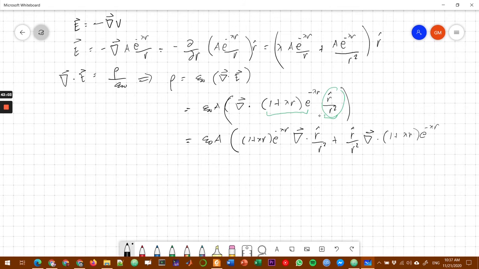Or we just simply do this, dot, then just take the derivative of what is inside. Okay? So after doing that, we get this one.